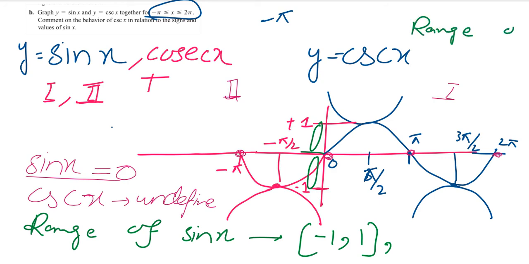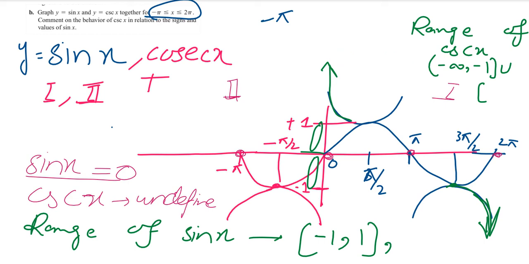Let me just show it over here. You can see that it starts from 1, but it goes to infinity from this point. And it starts from negative 1, but goes to the negative infinity from this side. So we will draw this negative infinity union.